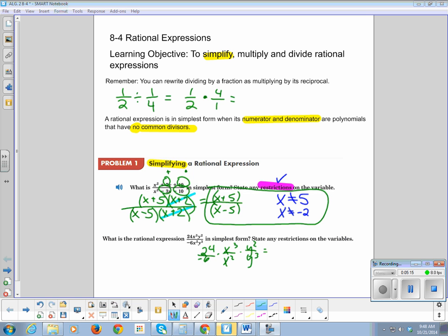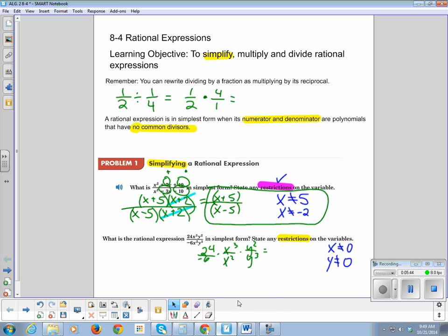What are my restrictions? Let's state the restrictions first, because if we cancel and things go away, then we forget to state the restrictions. In this case, x can't equal 0, because that's going to make my denominator 0. Y can also not equal 0. All right, now let's get crazy and cancel these things out.